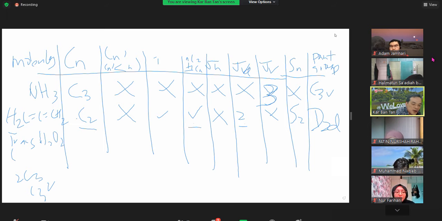This one I want you to put in the bracket, C2, planar. Because remember in the lecture we discussed hydrogen peroxide, it could be planar or non-planar. Two minutes. Everybody build the molecule.